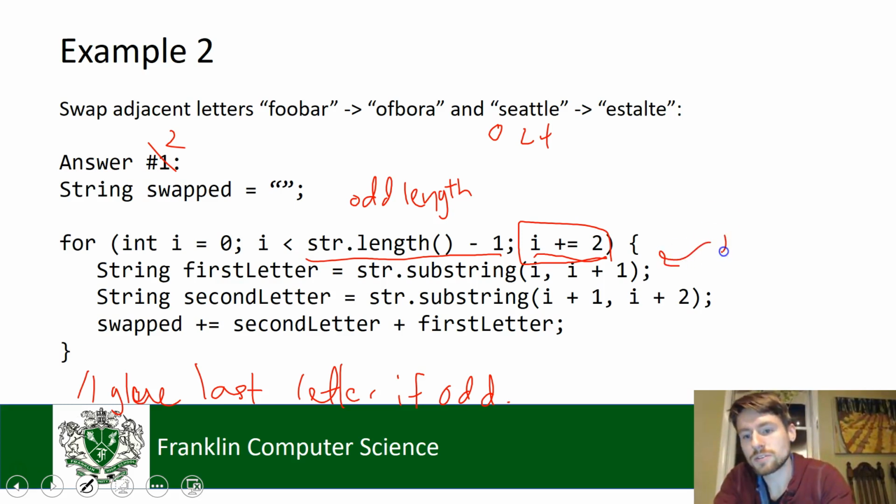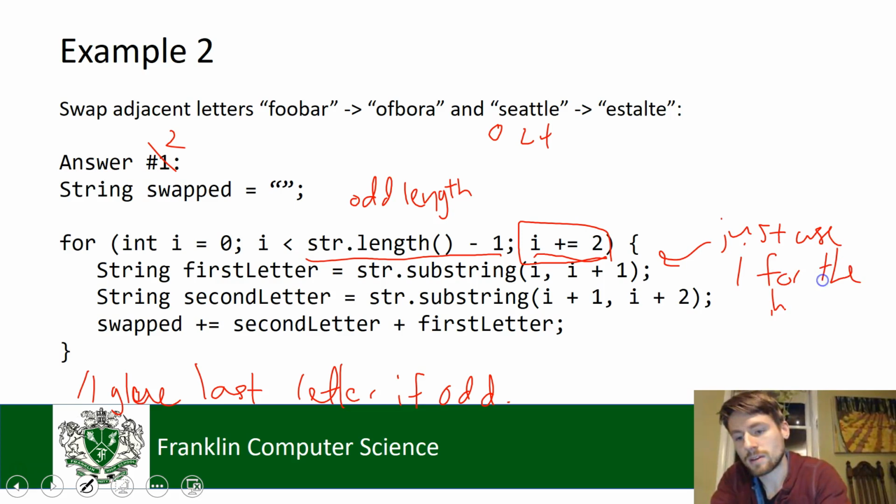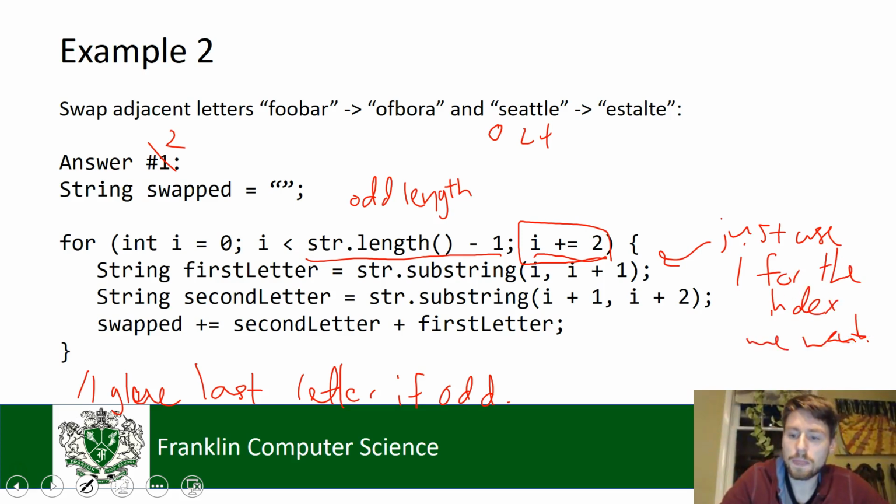We just use i for the index we want. So the math is being done basically inside the for loop header, and not actually in the for loop body. And so that's another approach to doing this problem.